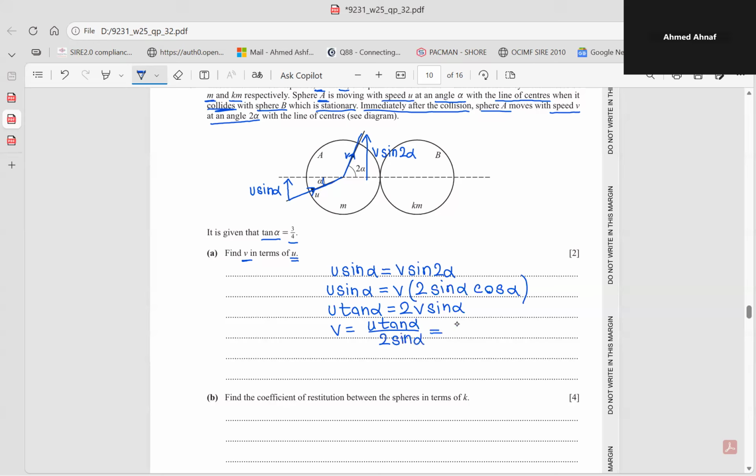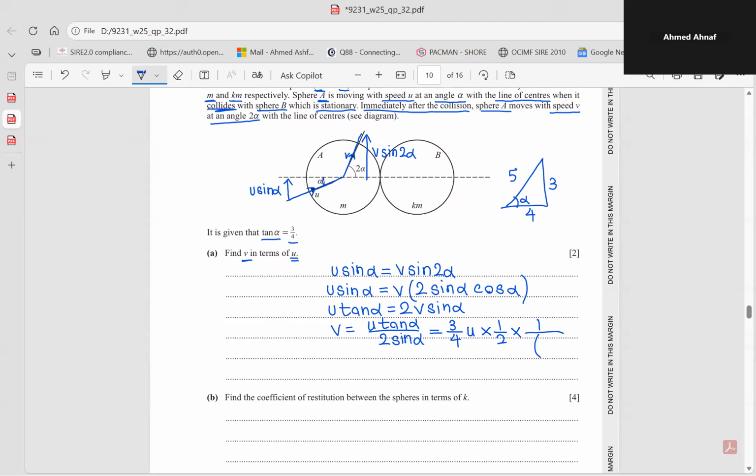So tangent alpha is 3 over 4, so 3 over 4 u, and then 1 over 2 sine alpha, so times 1/2 and 1 over sine alpha. Let me just draw a quick triangle: opposite, adjacent, hypotenuse. So sine alpha is 3 over 5.